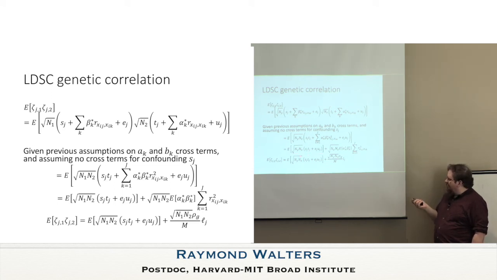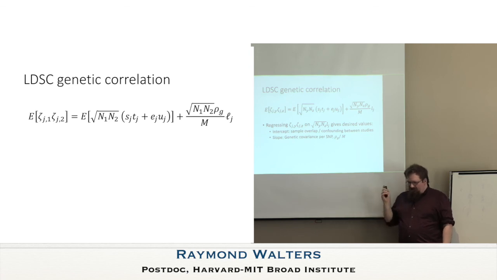So we get that stratification-y piece again, and then the piece that's related to the genetic signal, where we have our expectation of the cross product of those effect sizes and the LD piece. And so we're back to a regression-looking equation where we have now our desired genetic covariance that relates to LD scores and an intercept term that does not depend on those LD scores.